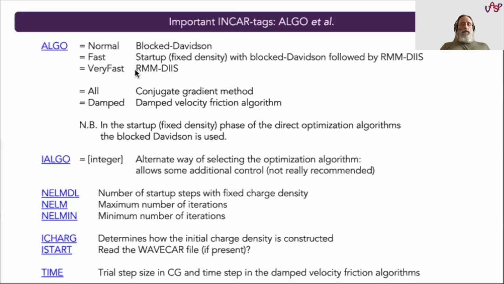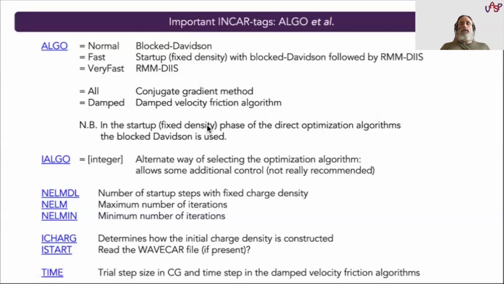For very fast, it will use RMM-DIIS all the way. So those are the self-consistency cycle algorithms, if you so want. The direct minimization ones are algo is all, which is the conjugate gradient method, and algo is damped, which is a damped velocity friction algorithm.